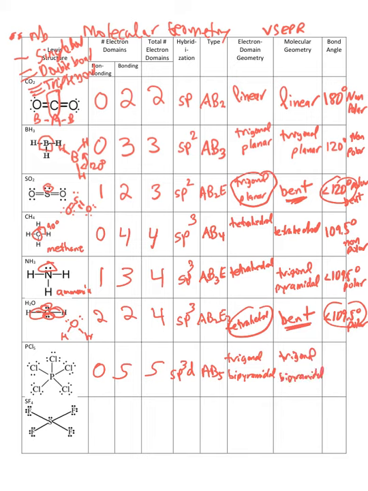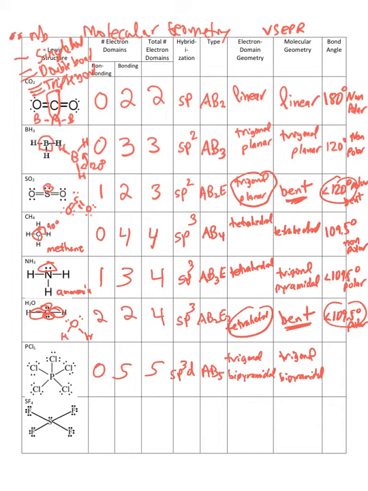And it turns out there are actually 2 different bond angles in this configuration. There are equatorial atoms and there are axial atoms. The axial atoms you can think about as being like the North and South Pole if you want.